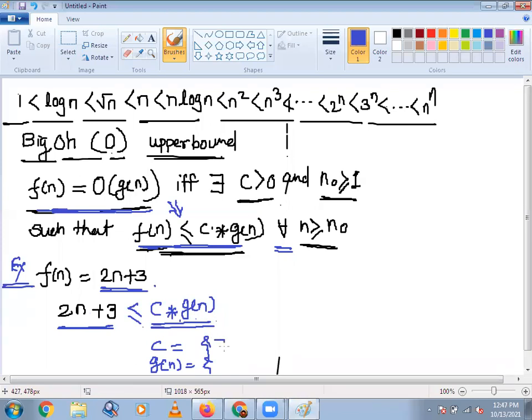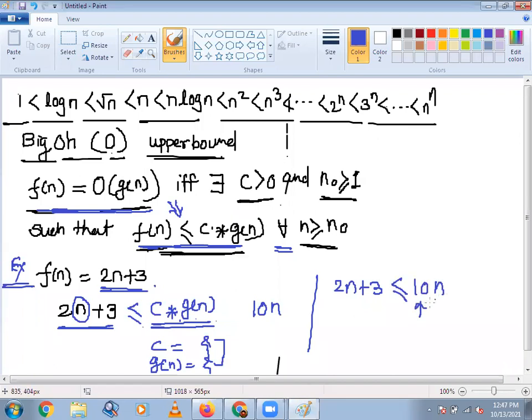Here we have to find the values of c and g of n. c is any positive constant, and g of n, that is n, this variable, we'll take as it is. Suppose I have taken 10n. Here I will write 2n plus 3 is less than equal to 10n.